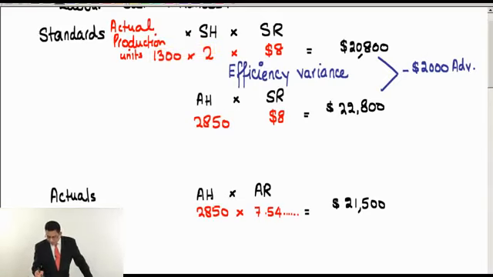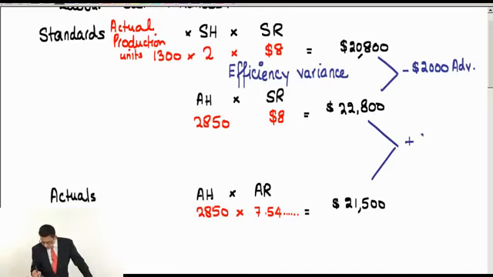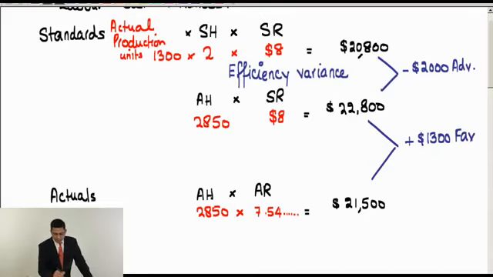If we compare lines 2 minus 3, we end up with 22,800 minus 21,500, and it gives rise to a positive $1,300. And positive means favorable. And this is called the favorable rate variance.